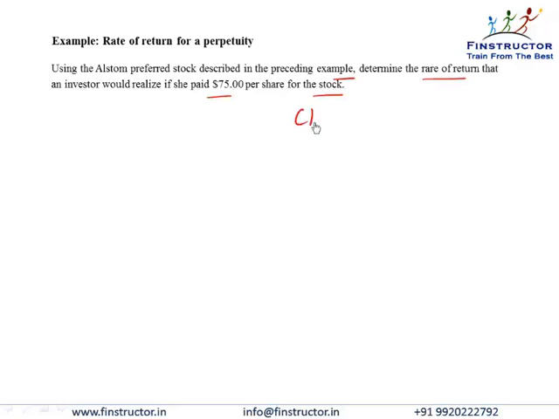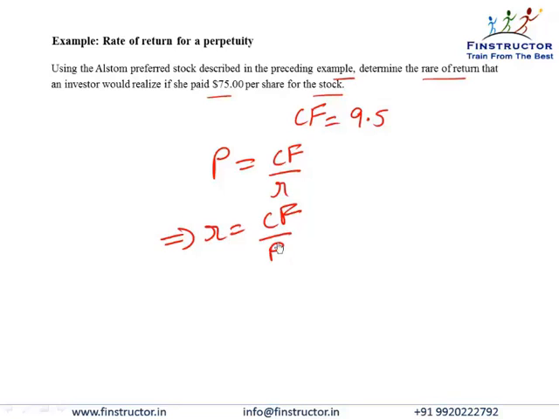So please recall what the cash flow was every year, $9.5, and we proved that the price or the present value is cash flow upon the rate of interest, so the implied rate will be nothing but the cash flow divided by the price.